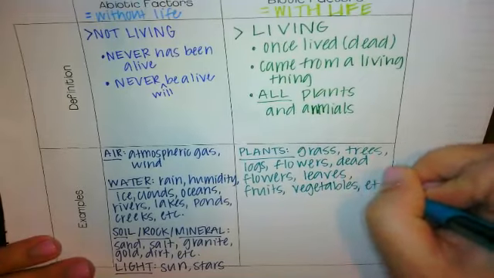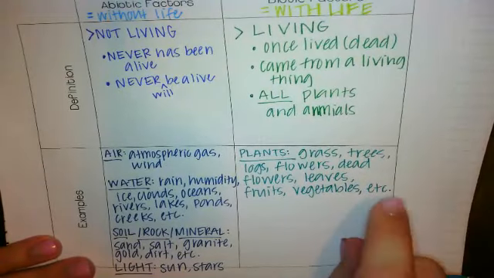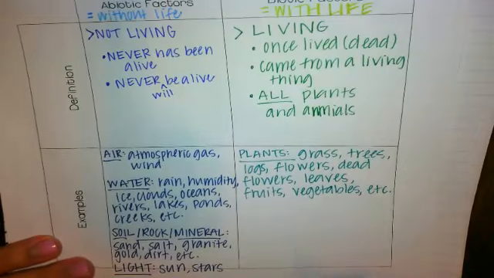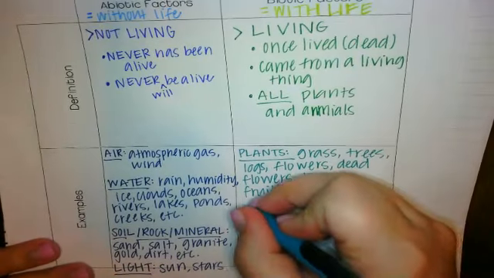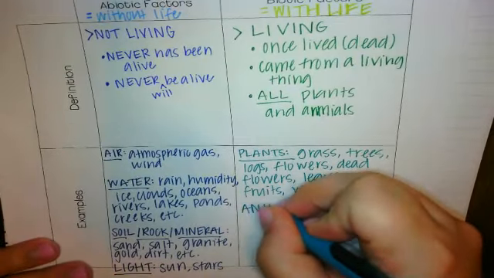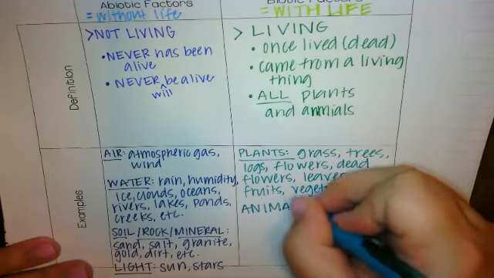And we're going to put etc. so that we remember this list is bigger than what we've written here. Our next category for examples is going to be animals.